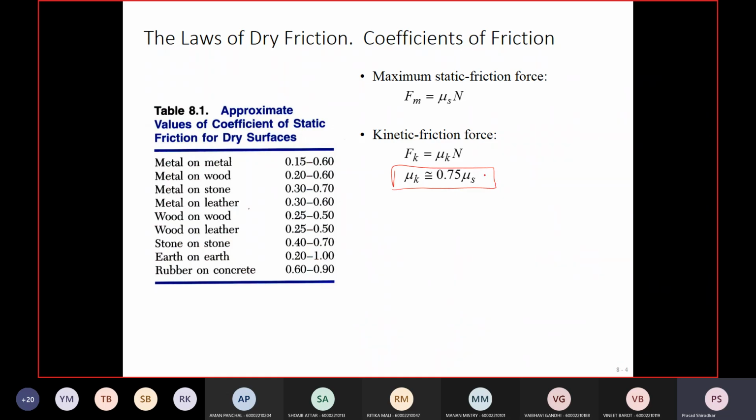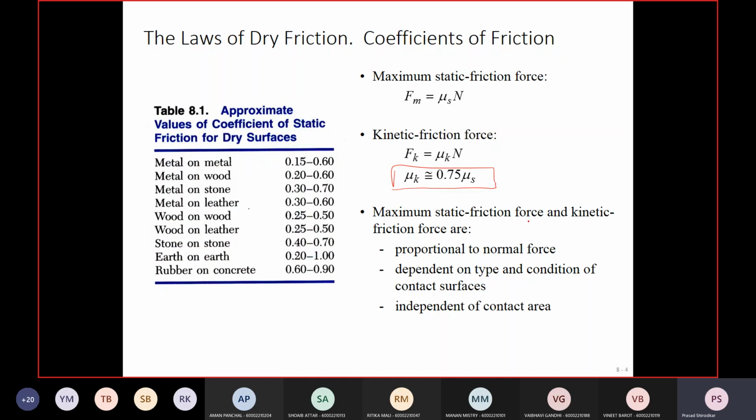The maximum static friction force and kinetic friction force are proportional to the normal force. F is proportional to N, and it is dependent upon the type and condition of the contact surfaces, that is, the nature of the surfaces which are interacting with each other. It is independent of the contact area.